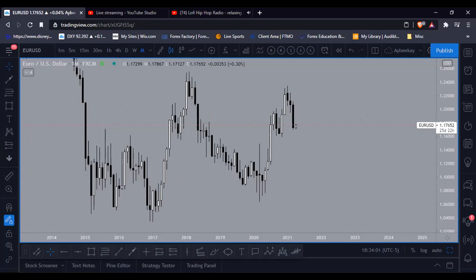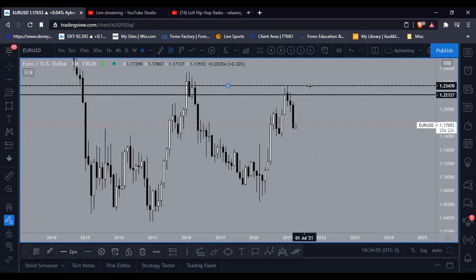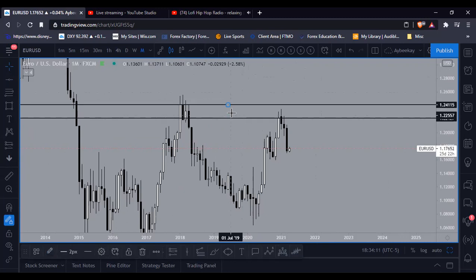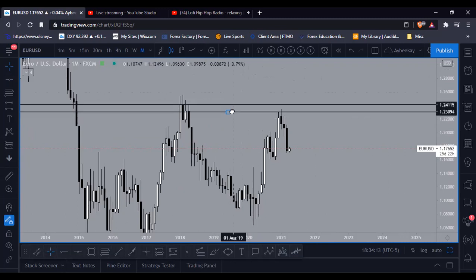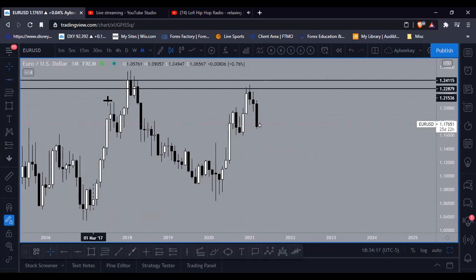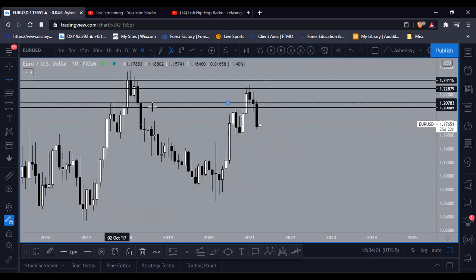Let me go ahead and mark up my main supply and demand zone. So this is a main supply zone for me. I'm going to actually put this slightly higher. Yeah, I like this instead. Okay, marked off. I like over here where price just broke out of, and then over here where price is coming towards.